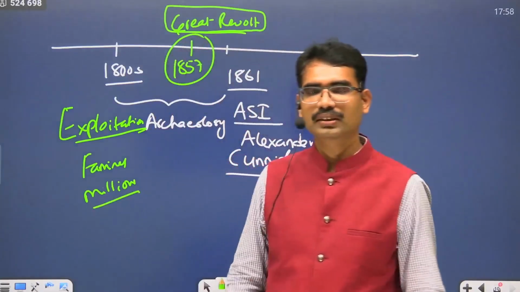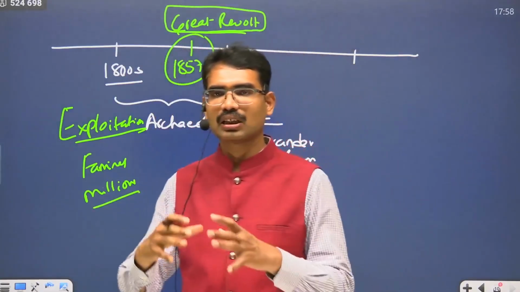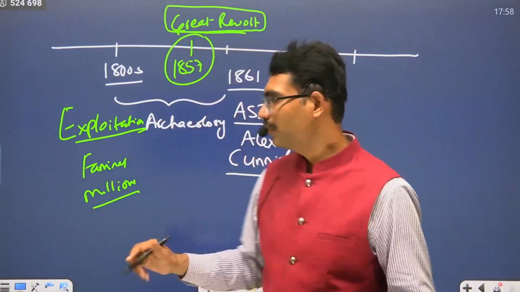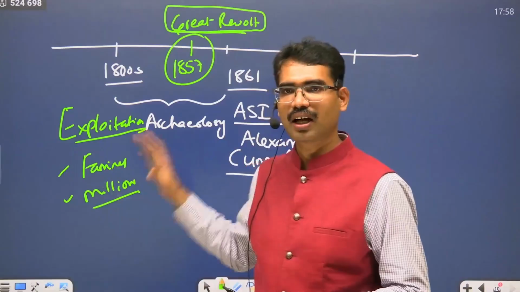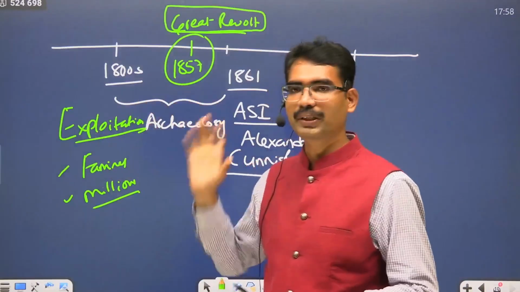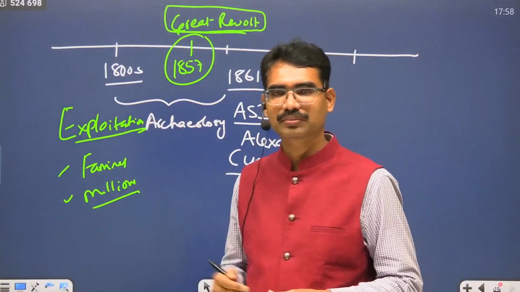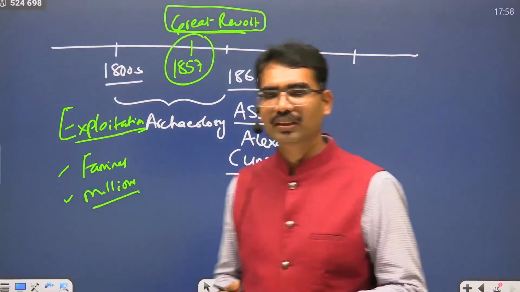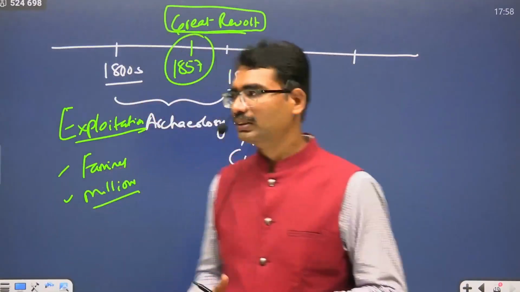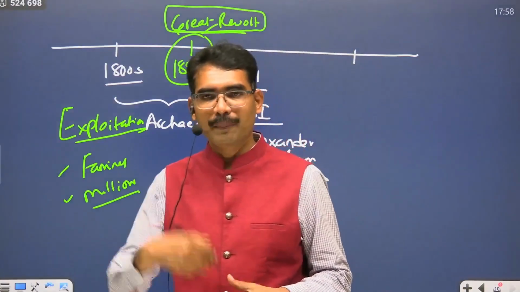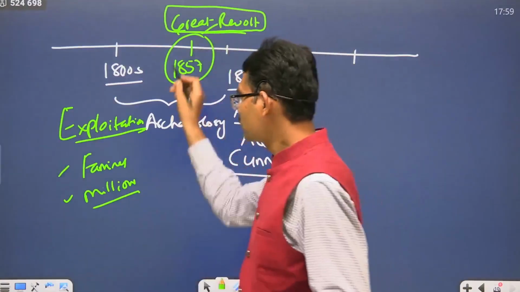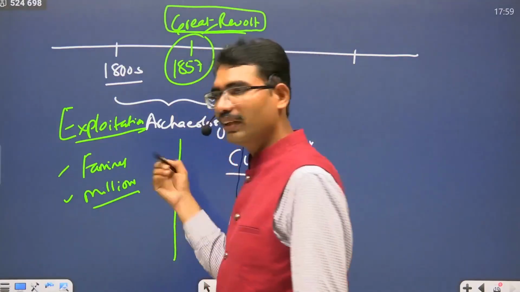Peasants used to die, artisans used to die, common people used to die. Everywhere chaos, everywhere death was dancing across Indian subcontinent during British Raj whenever famine comes. That's why Indians felt enough is enough. They revolted. British also transferred in 1857.